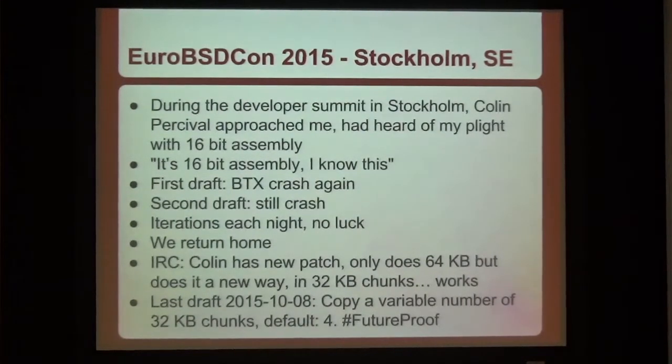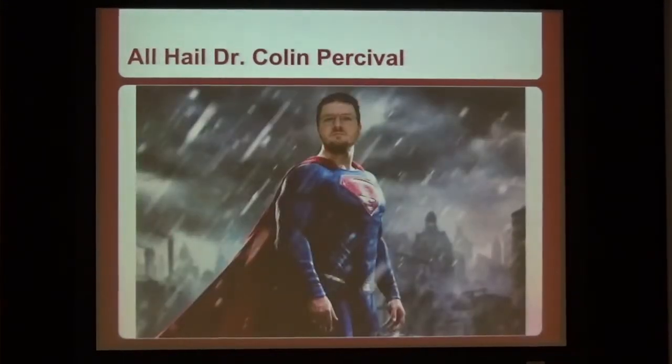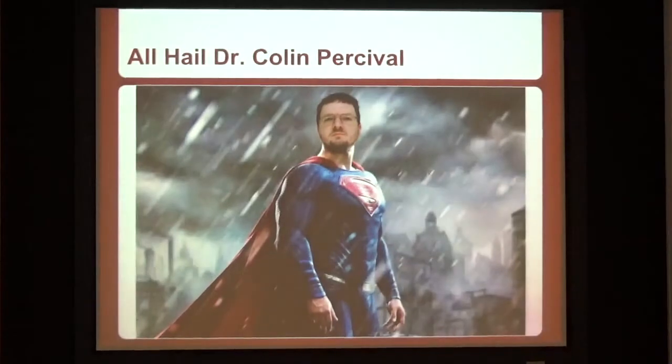And then on October 8th, he gave me the final version that copied 4 chunks of 32 kilobytes, and it actually worked, and it booted. Turns out 21 new lines, the 21-line diff to the assembly, and all my problems went away.